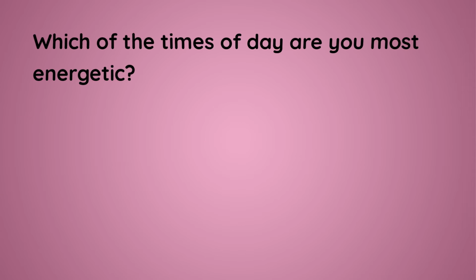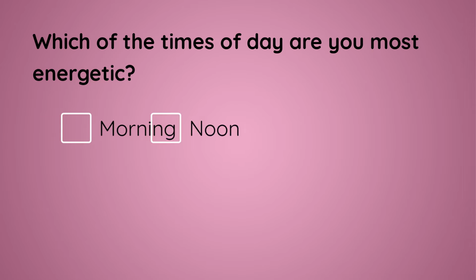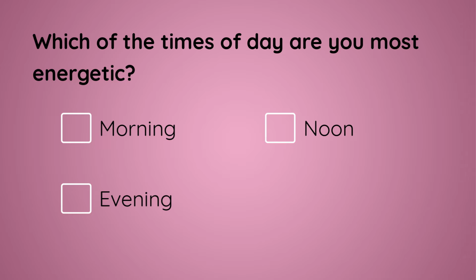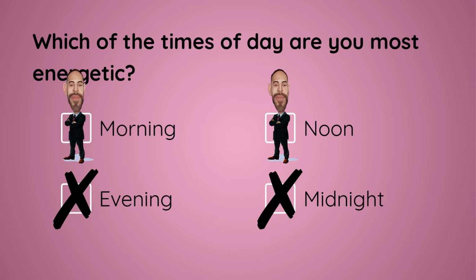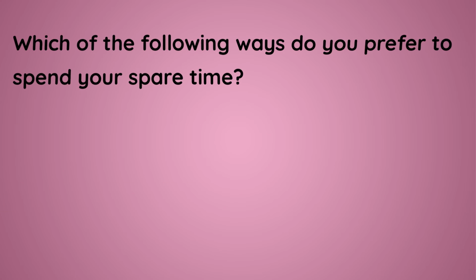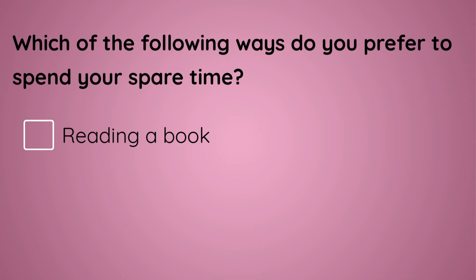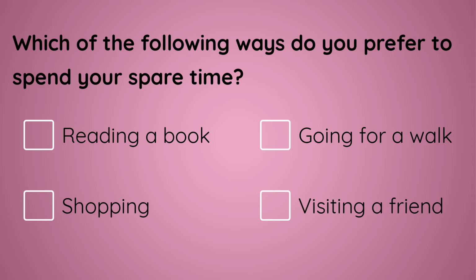At which of the times of day are you most energetic? Morning, noon, evening, midnight. Which of the following ways do you prefer to spend your spare time? Reading a book, going for a walk, shopping, visiting a friend.